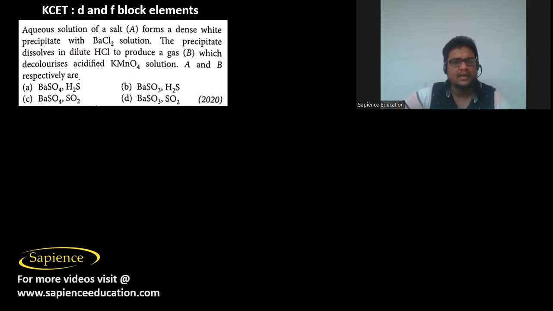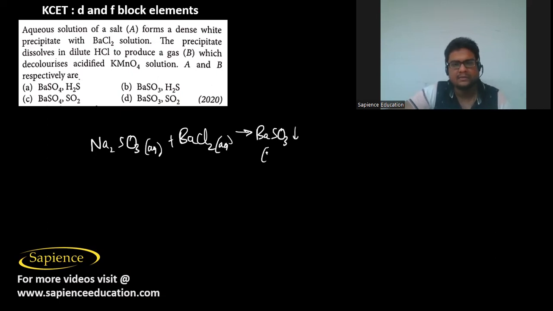Then here it is told aqueous solution of a salt A forms a dense white precipitate with BaCl2. So here, as you know, sodium sulfite in the aqueous solution will react with barium chloride solution, and it will form barium sulfite, which is a white precipitate, and NaCl.